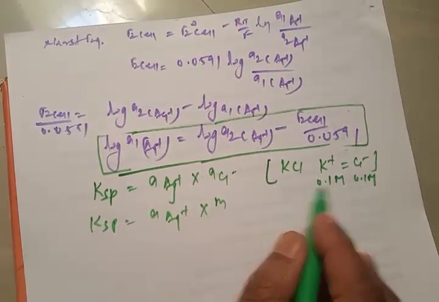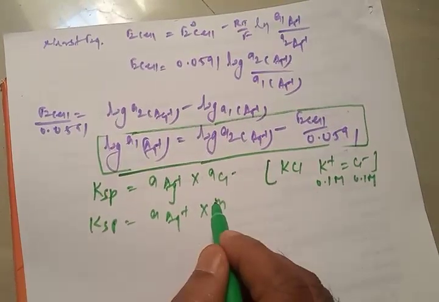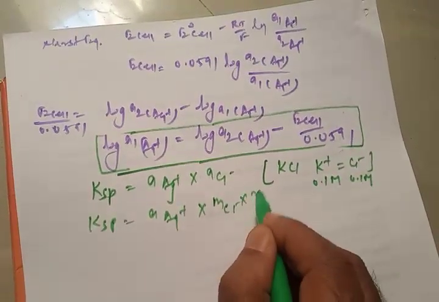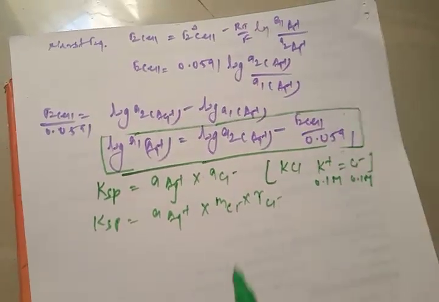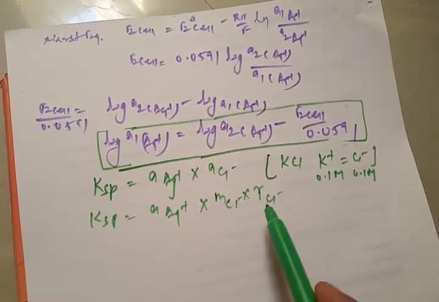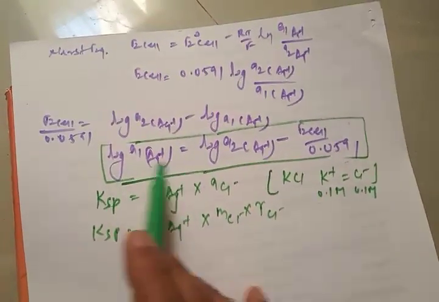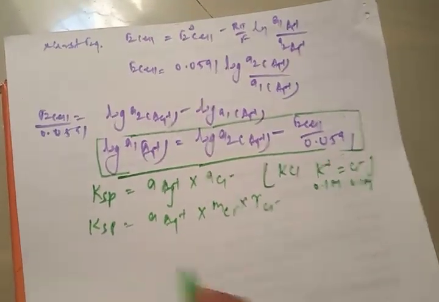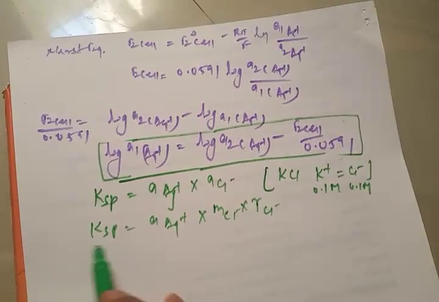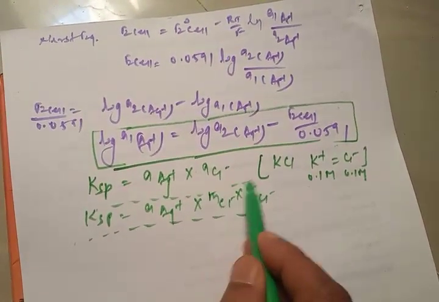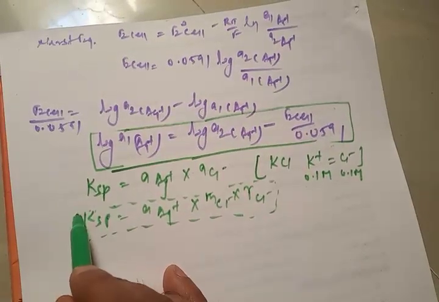Here we have taken molarity, so we go for capital M and Cl minus into gamma Cl minus. By putting in these values, because this value is given, this value you know, and this value we can get from this equation, from this we'll find out the solubility product also. We'll solve some numericals also, so that will give a clear idea.